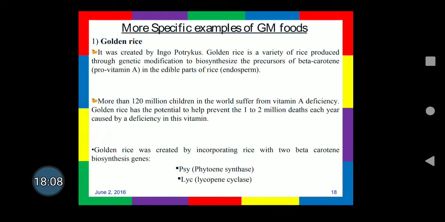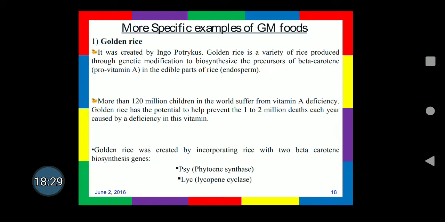More than 120 million children in the world suffer from vitamin A deficiency. Golden rice has the potential to prevent 1 to 2 million deaths every year caused by this vitamin deficiency.